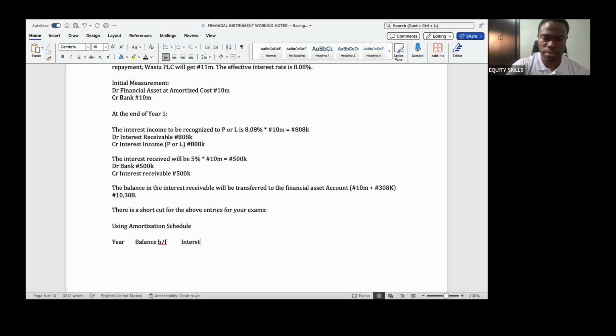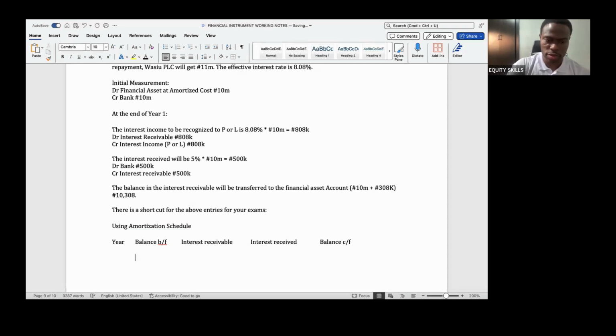So the amortization schedule looks like this. Interest receivable adds interest received, then the balance carried forward.